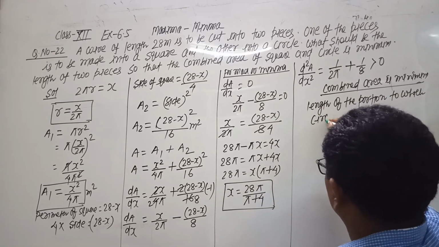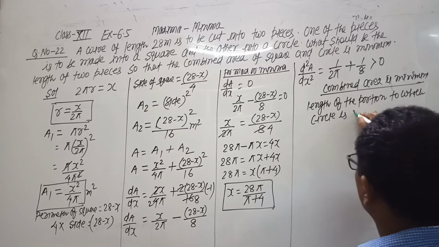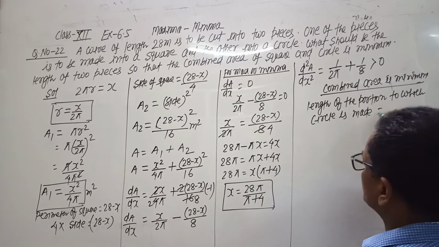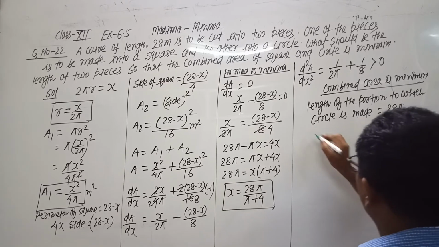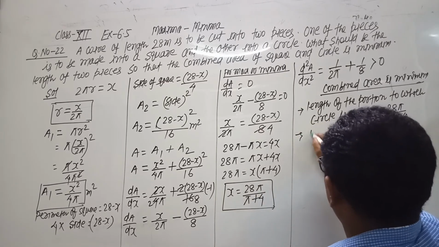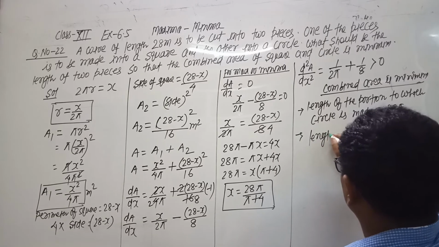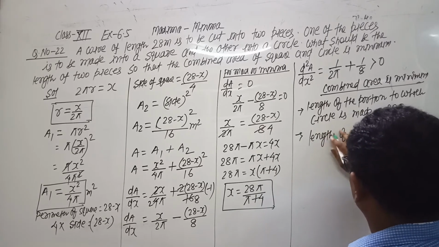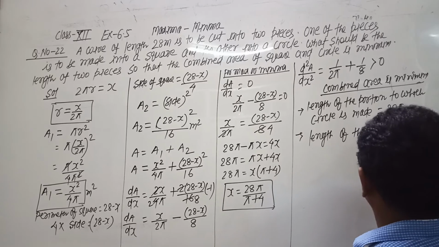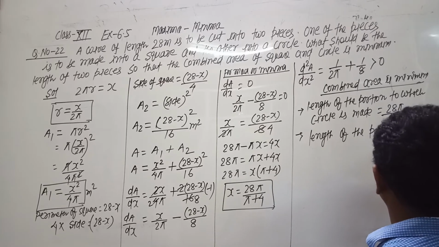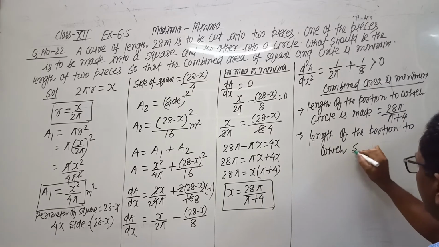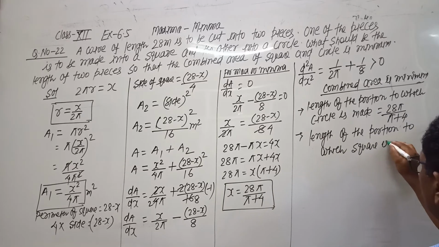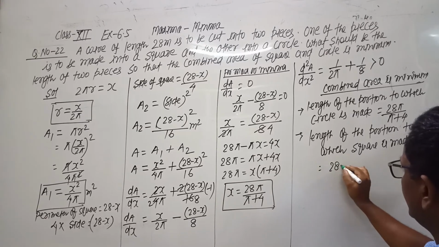to which the circle is made equals 28π upon π plus 4, and the length of the portion to which the square is made was 28 minus x.